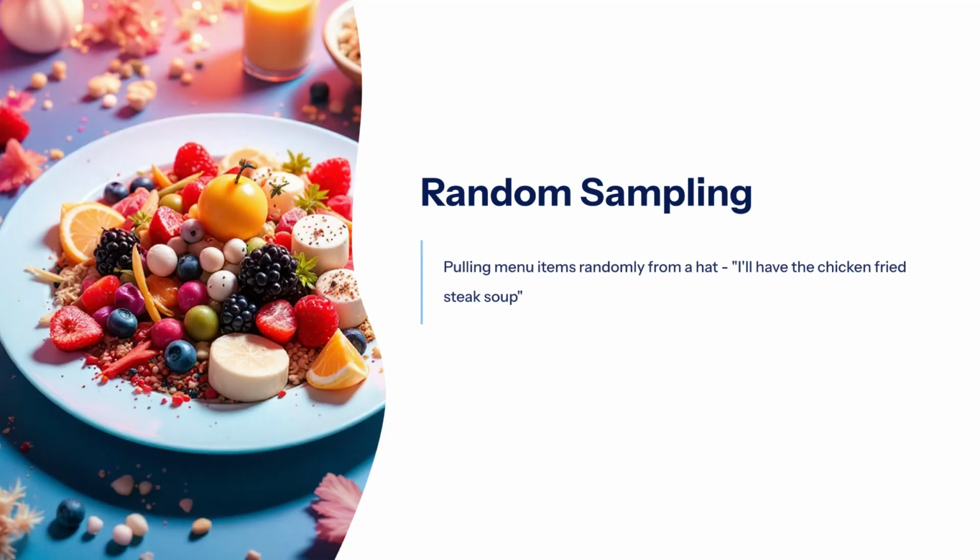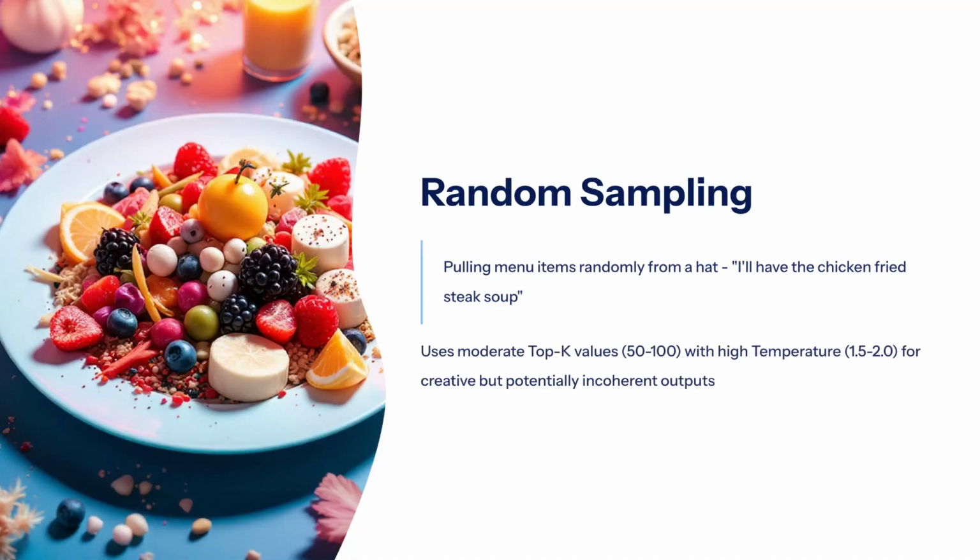Completely random combinations that don't form a coherent dish or a meal. This relates to language models using moderate values of top K, such as top K equals 50 or top K equals 100, along with a high temperature of 1.5 to 2.0. With such settings, the model can generate creative and surprising outputs by sampling from the broad set of potential tokens.